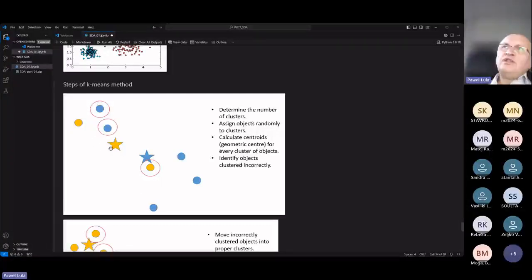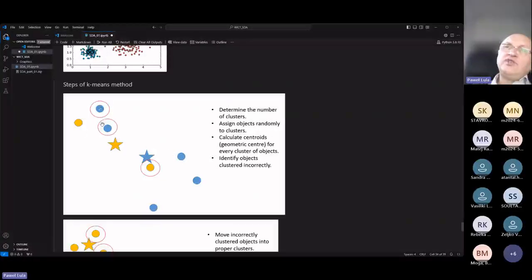First, we should calculate centroids for every cluster. A centroid is a point which is in the middle of a given data set. So for yellow objects, the center point is here. For blue objects, it is here. These centroids are represented by these stars, a yellow star and a blue star.